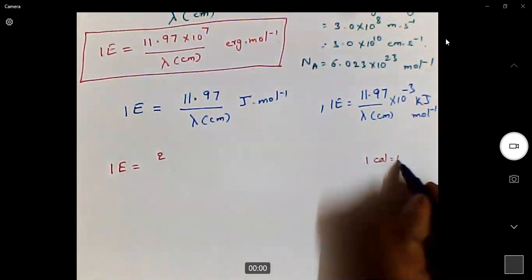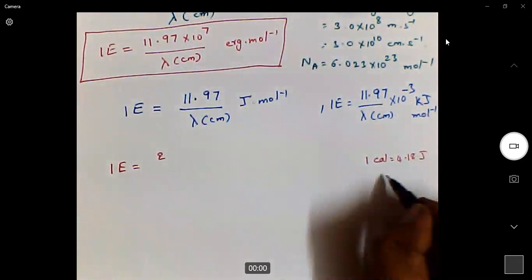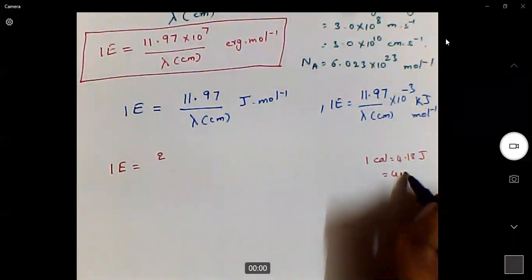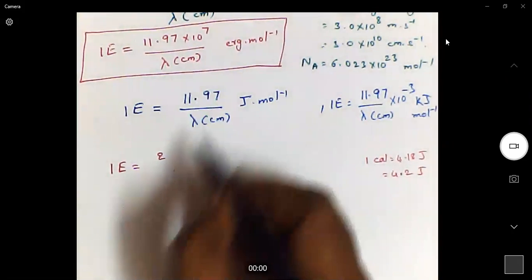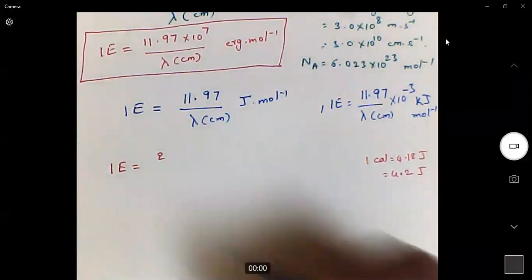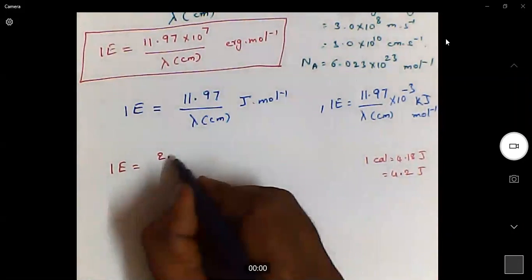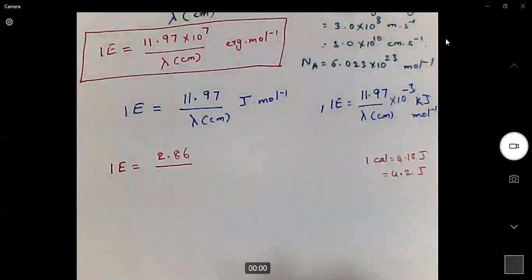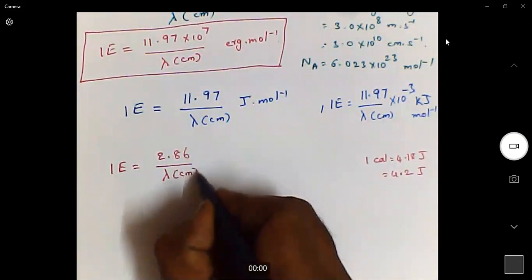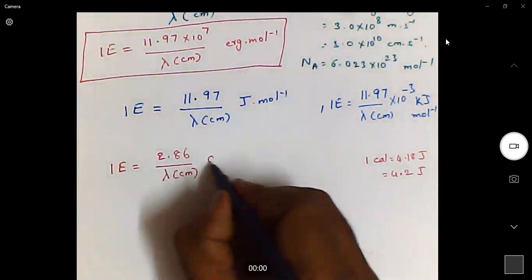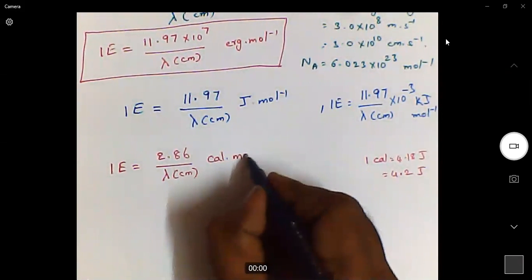1 calorie is equal to 4.18 joules, or simply you can go for 4.2 joules. So just multiply this 11.97 with 4.2. We will get 2.86. Of course, we always substitute lambda value in centimeters, calories per mole.